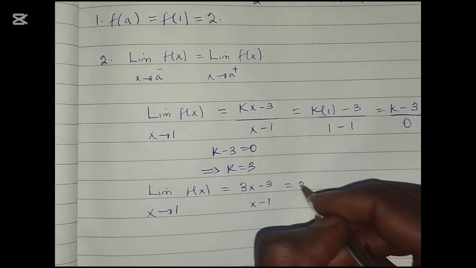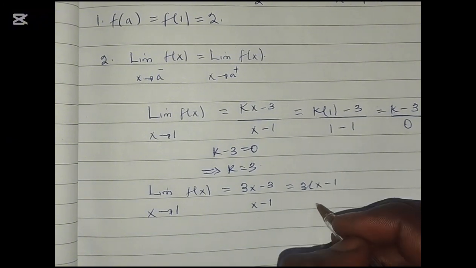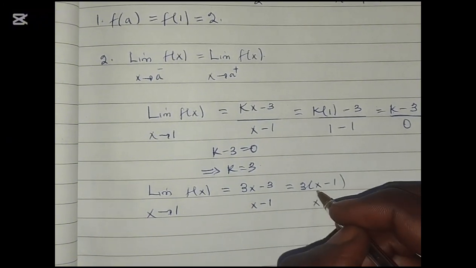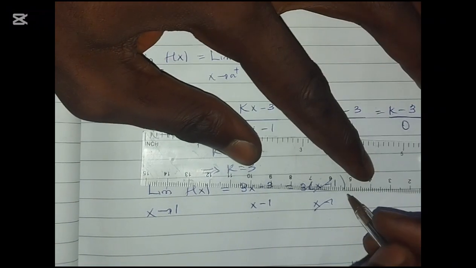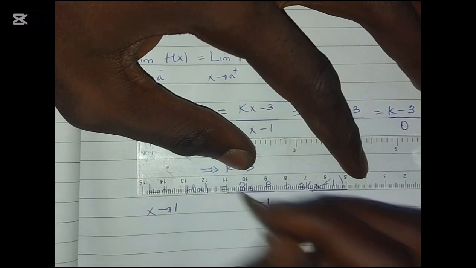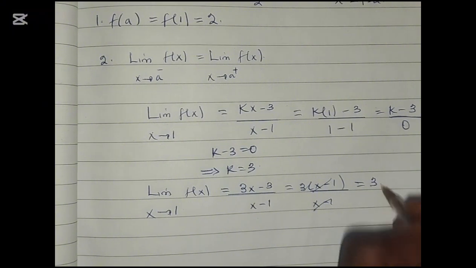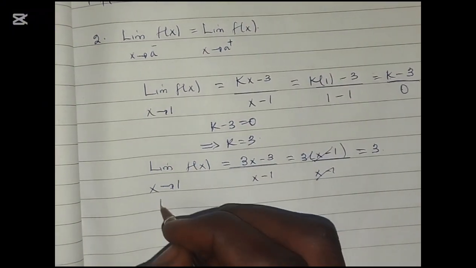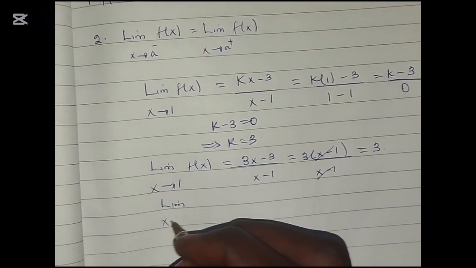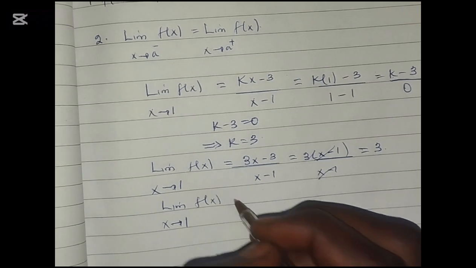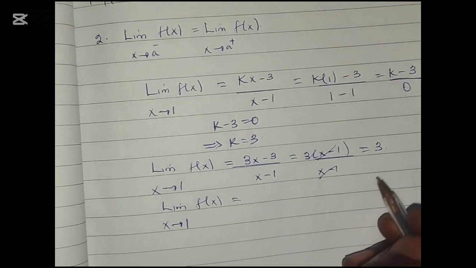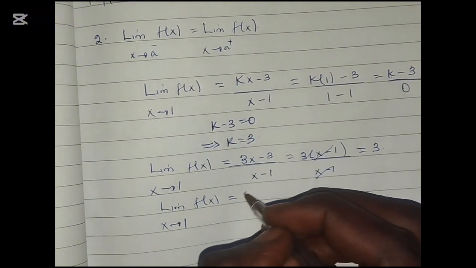So we have 3 times x minus 1 all over x minus 1. So we can cancel out x minus 1 and x minus 1, and we'll be left with just 3. So the limit as x approaches 1 of this function f of x is equal to 3.